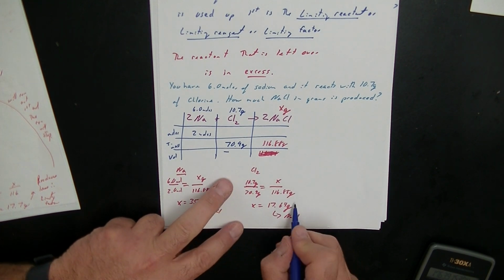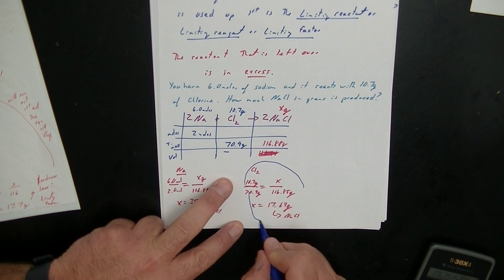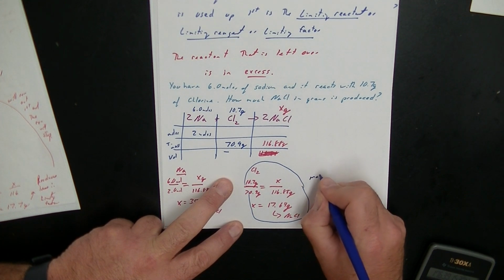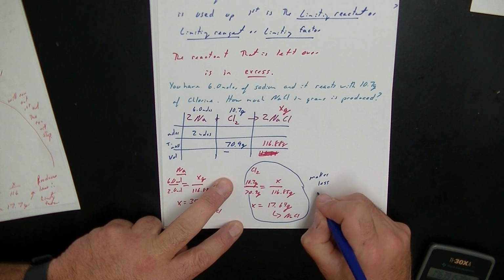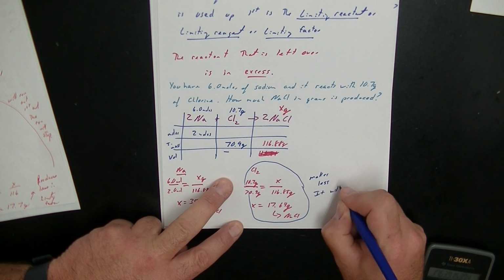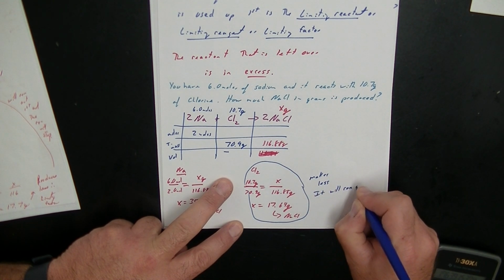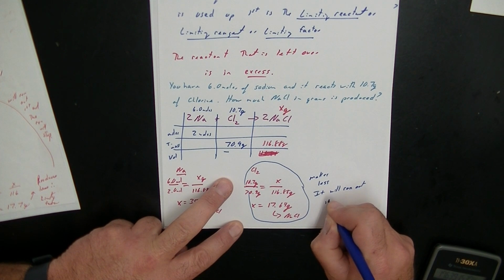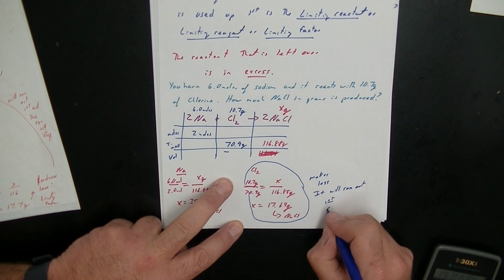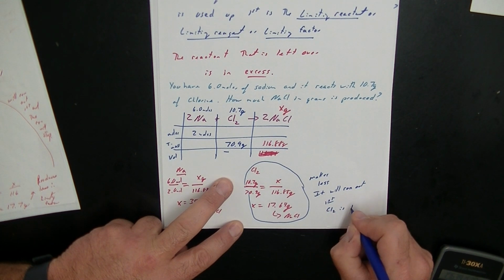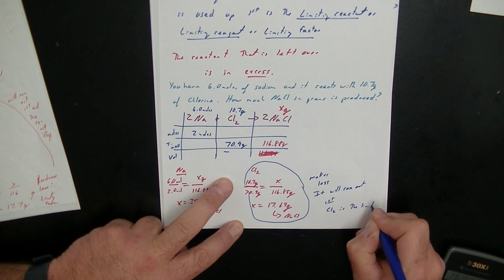So this guy makes less, so it will run out first, which means the Cl2 is the limiting factor.